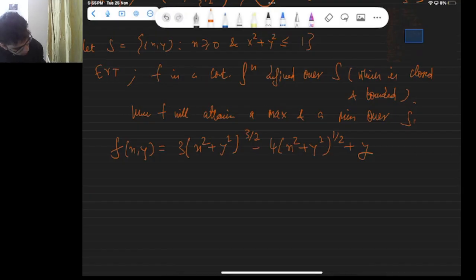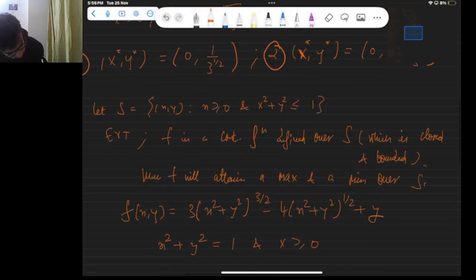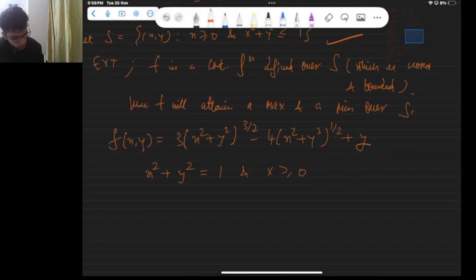Now can I just substitute the value of x square plus y square equal to 1? The constraint given to me is x square plus y square equal to 1 and x greater than or equal to 0. Actually the constraint is given as less than or equal to 1, but we have already taken care of the interior points.